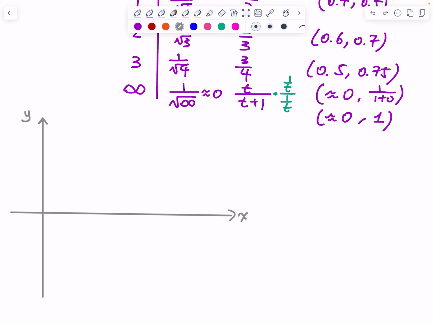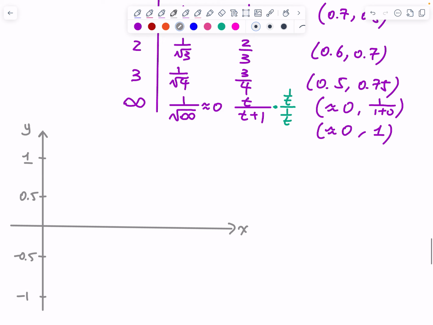How about we do 0.5, and then 1. This is negative 0.5, and then negative 1. I will say that would be enough.